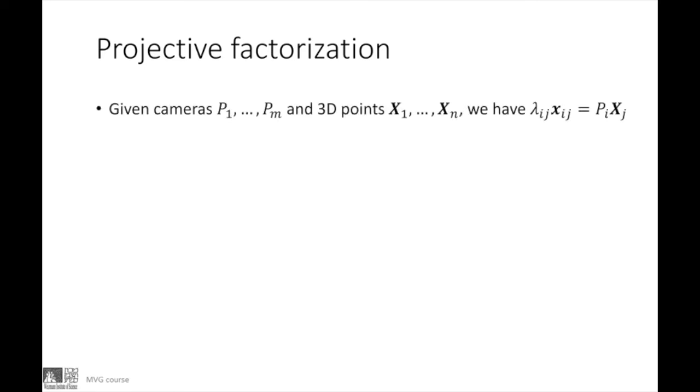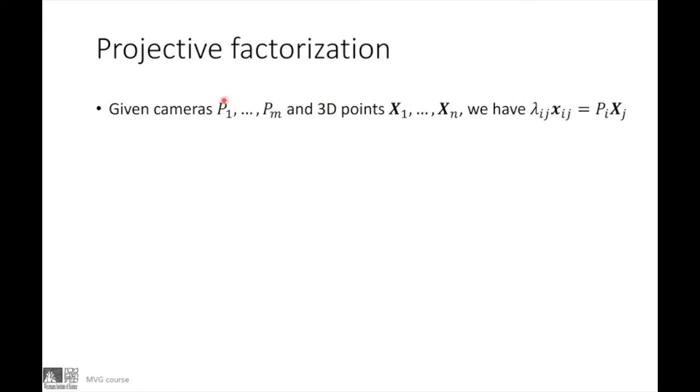Okay. So again, the problem is that we have point tracks and we want to find the cameras and the three-dimensional reconstruction. Here, we look at the usual equation.